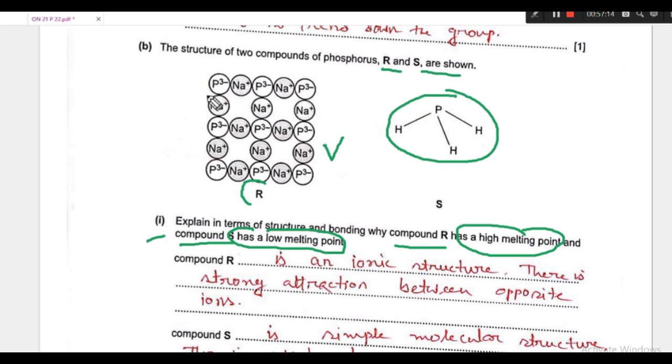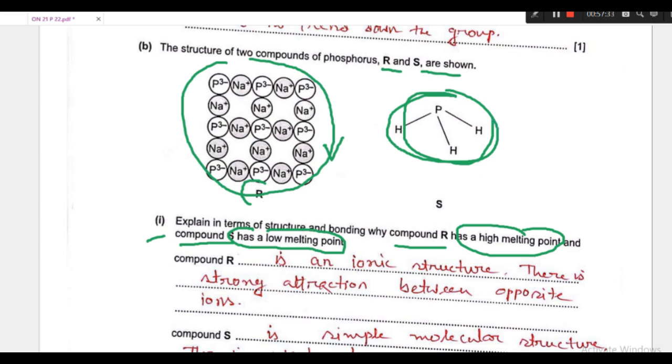You know, compound R is an ionic compound. There is a strong attraction between opposite ions. Or S is a simple molecule. There is weak intermolecular force between molecules.